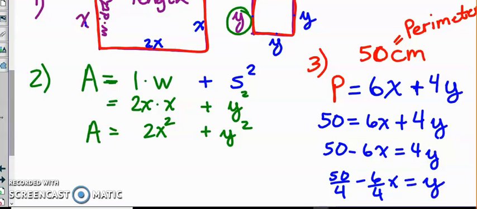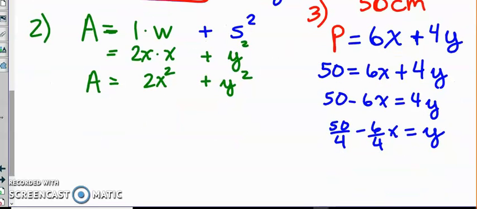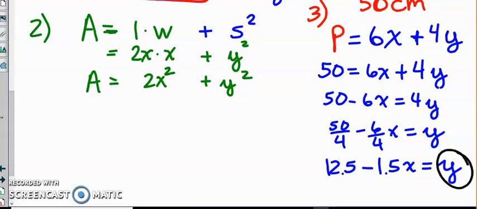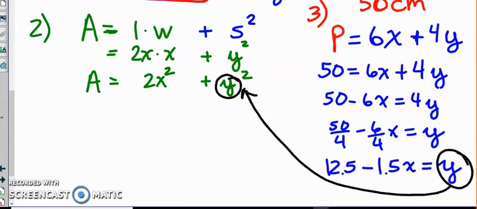When we simplify, we get 12.5 minus 1.5x equals y. Decimals are okay, it's okay to have those. Now that we know what y is, we're going to substitute in for y, so that we can actually have all x's and not x's and y's.